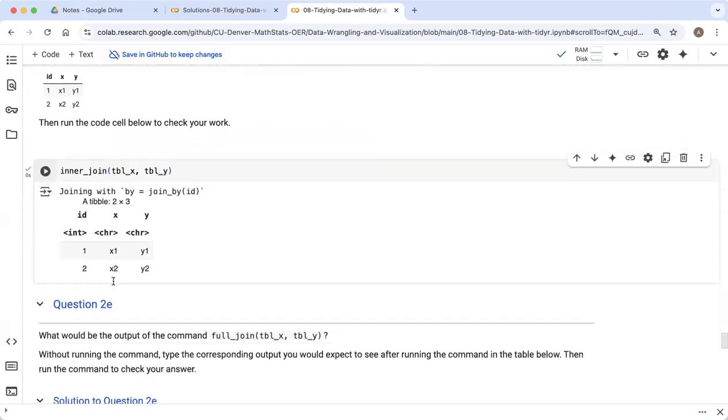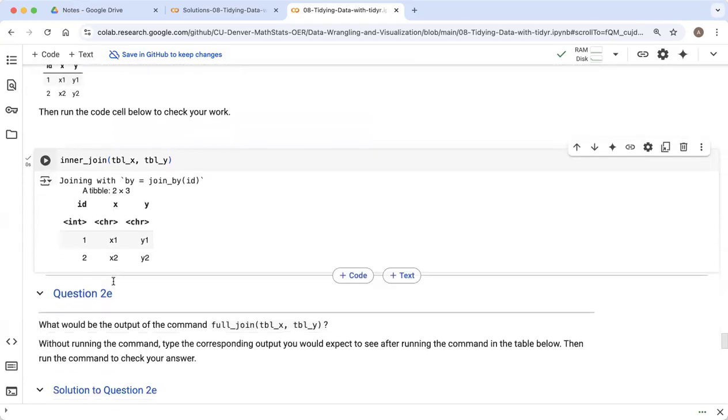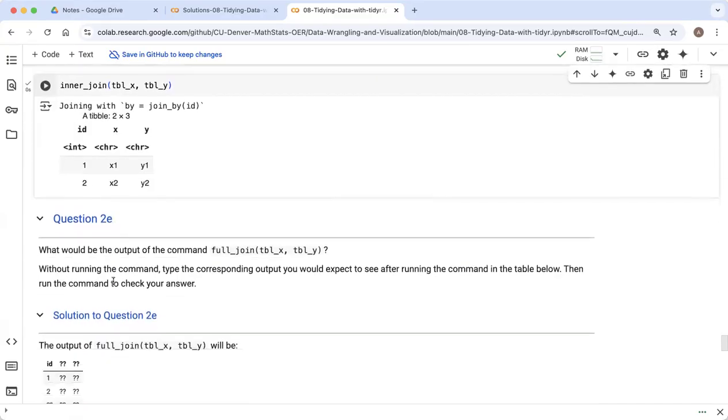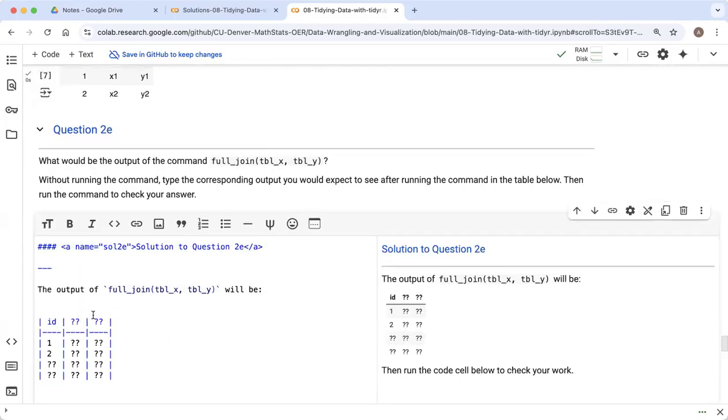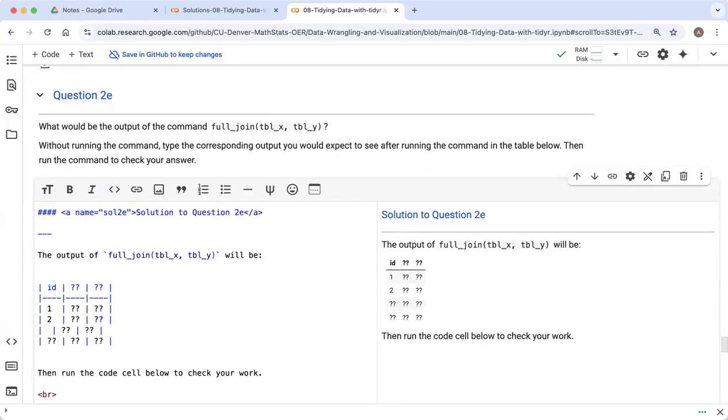Perfect. And then the last one is a full join, and the full join is going to keep all rows from both of the data frames. So it's going to keep all rows from X and Y. So there were 4 IDs in total. So it's going to keep all 4 of those, and then fill in the values accordingly.